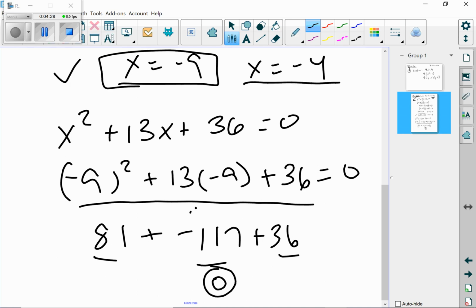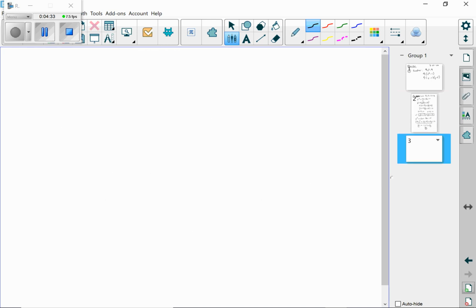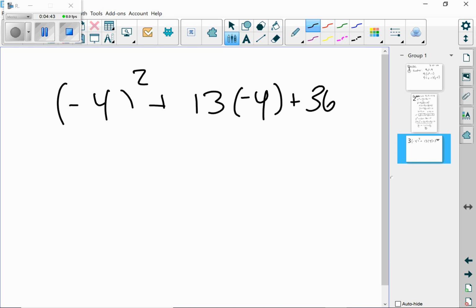We also can check the other one. Let's check with negative 4, which should be a little easier. Negative 4 squared, and I can't stress enough the importance of using parentheses here, plus 13 times negative 4 plus 36, supposed to equal 0 if we did it right. So we get 16 plus negative 52 plus 36.